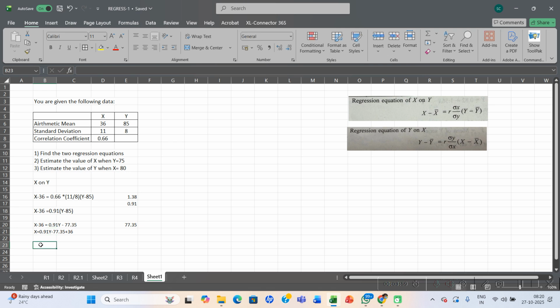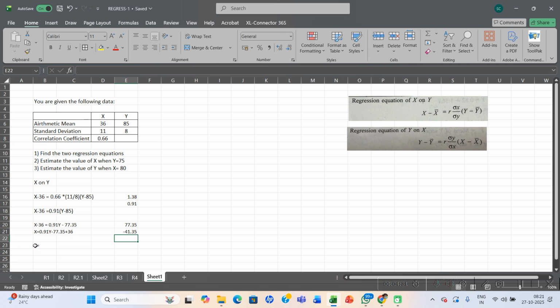Now you need to find the value over here: minus 77.35 plus 36 is coming to be minus 41.35.